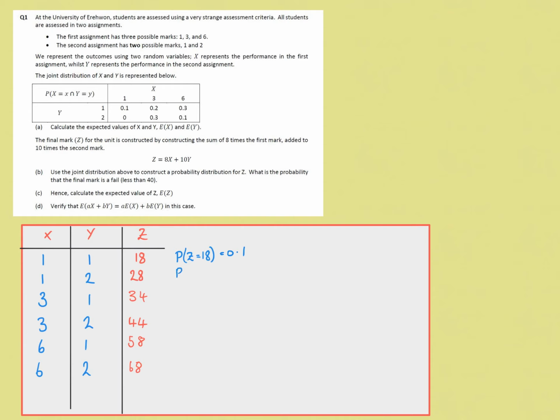Similarly, the probability that z is equal to 28 only occurs when x is 1 and y is 2, so that's going to be equal to 0, and we can carry on filling in our probabilities.